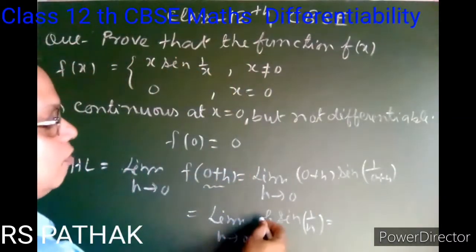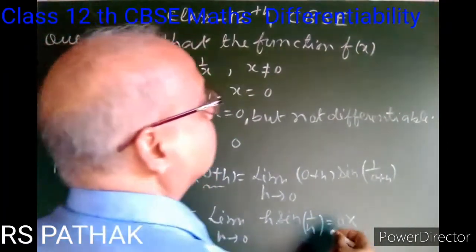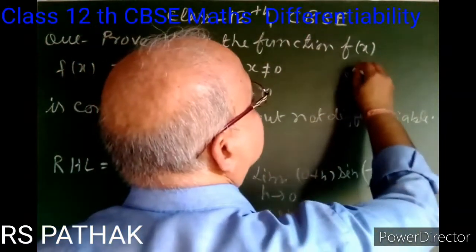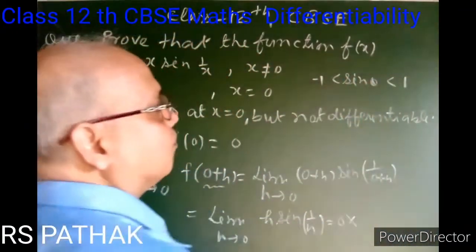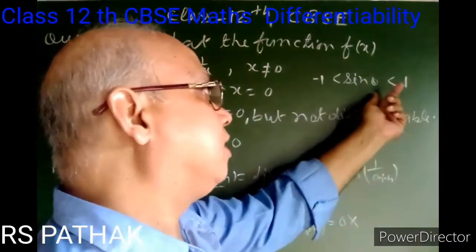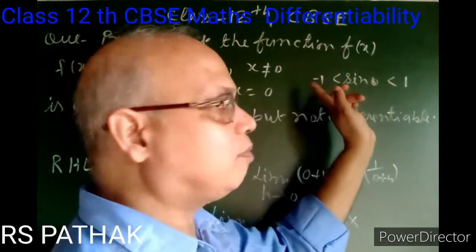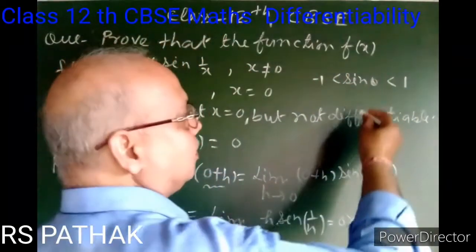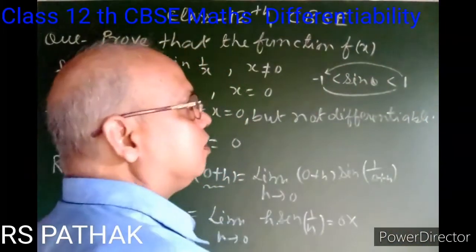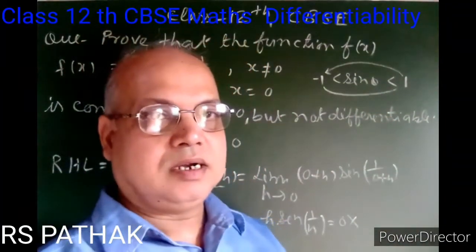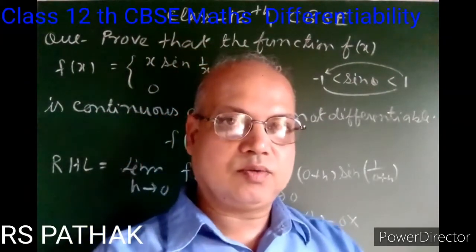Here, putting h equal to 0, we have sin(1/h). The value of sin theta lies between 1 and minus 1. The value of sin theta cannot exceed 1 and cannot be less than minus 1. Its value oscillates between minus 1 and plus 1.